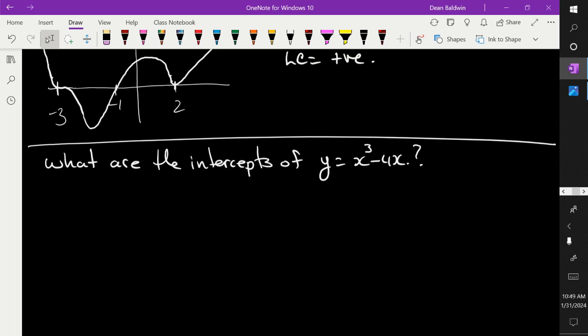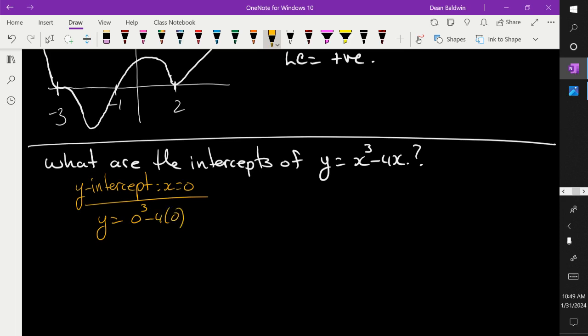Why is the y-intercept easier? Because x is 0. So for the y-intercept, that's just x is equal to 0. You put in zeros for all your x's. You don't have to show this, but I will. You end up with 0. So you get (0, 0), which means we go through the origin.